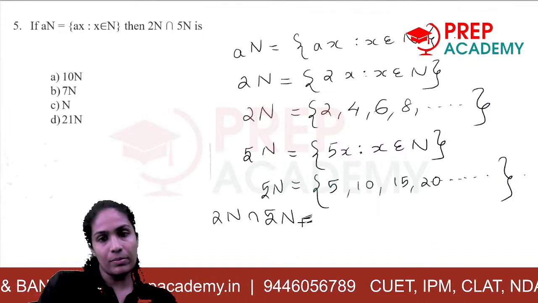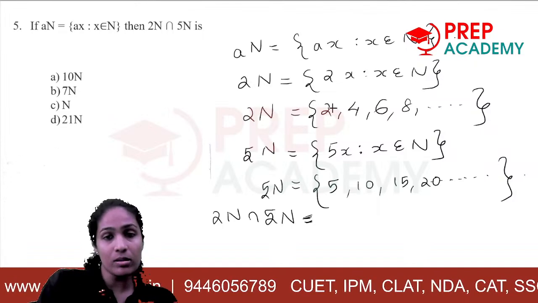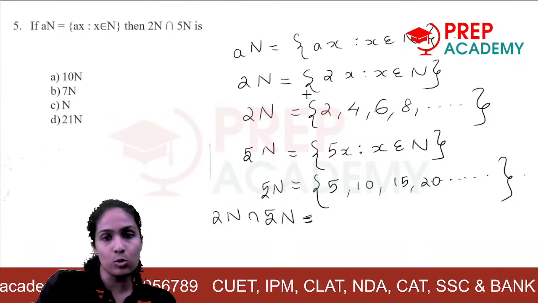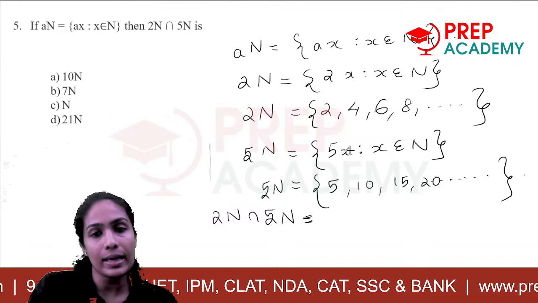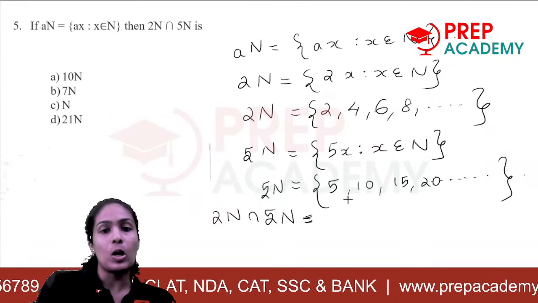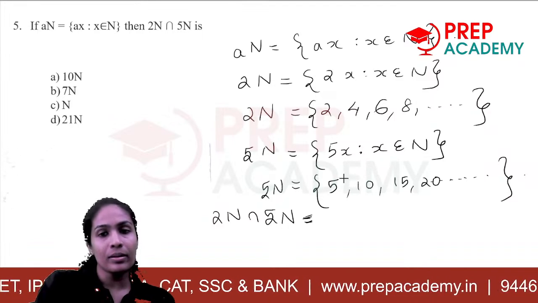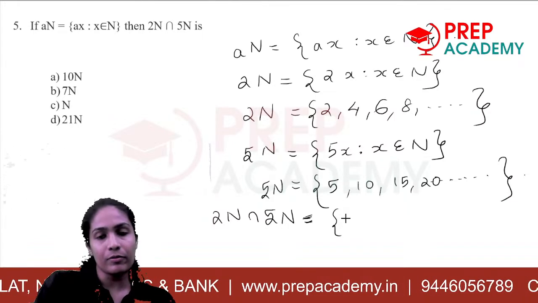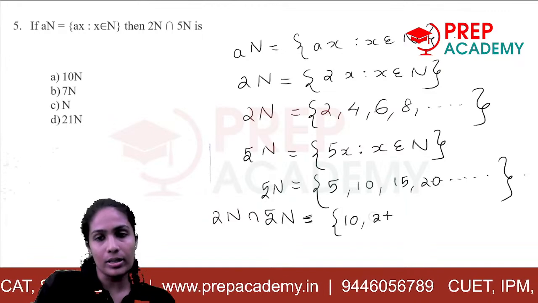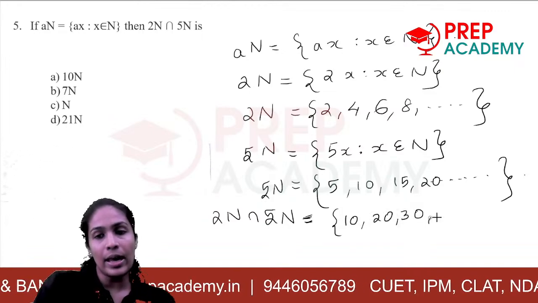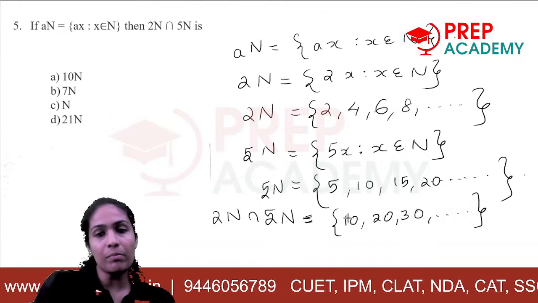2N intersection 5N means intersection, that is, elements common in both the sets. Here the first set is 2N, the set of all even numbers, and the second set is the set of all multiples of 5. So the intersection: first common element will be 10, next is 20, next will be 30, etc. That is even multiples of 5.